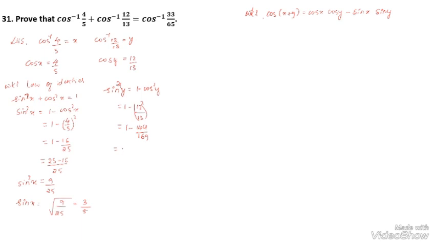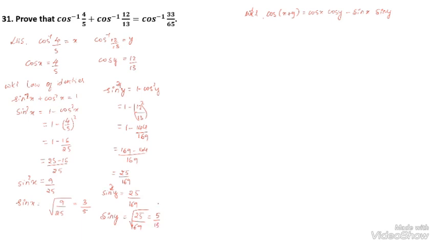Take the LCM, that is 169 minus 144 divided by 169. 169 minus 144 will be 25 divided by 169. We have sin square y is equal to 25 by 169. Taking the square root on this side, sin y becomes root of 25 divided by 169, that is 5 by 13.